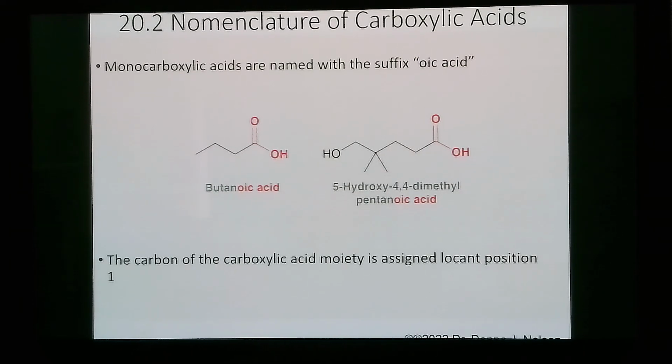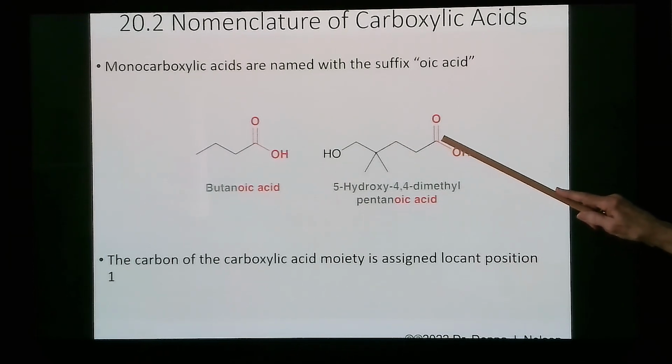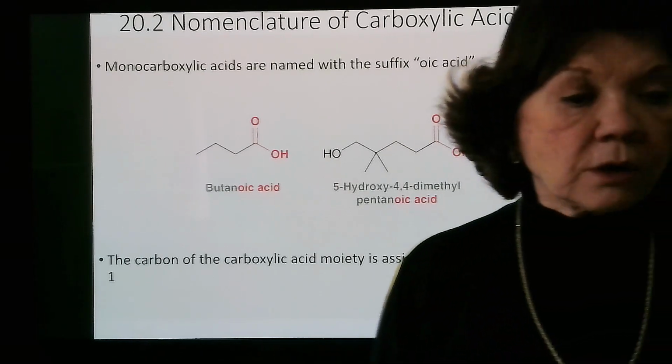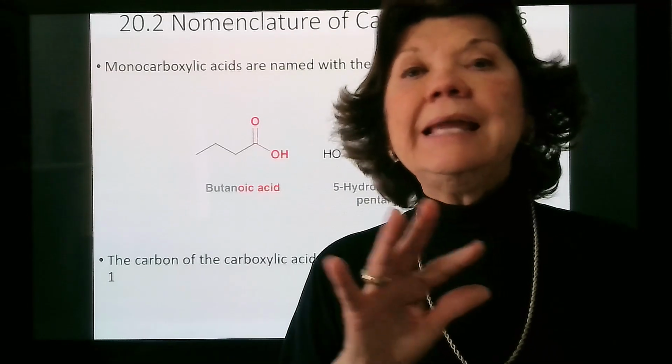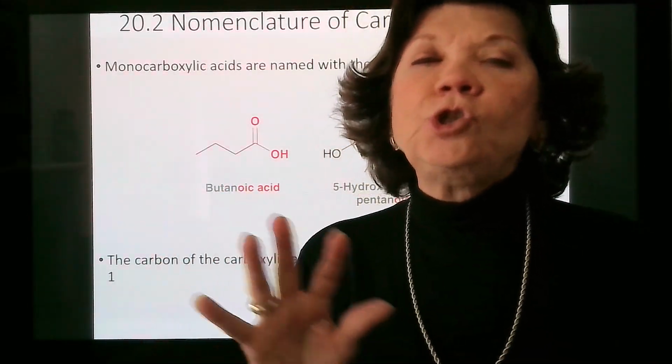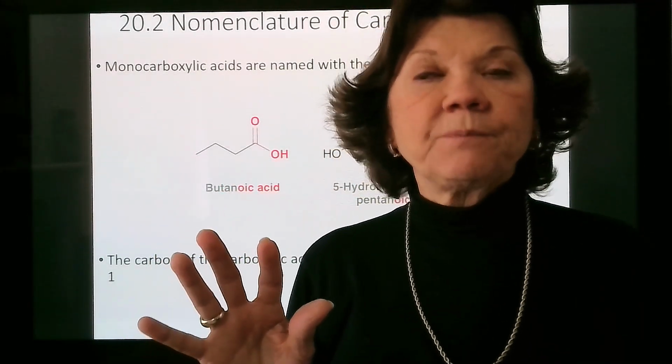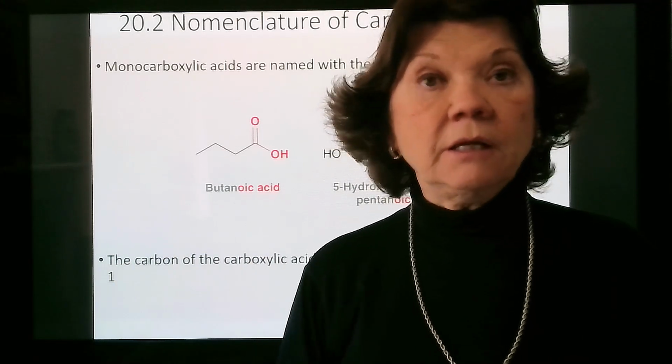And so the highest priority functional group is always put at the 1 carbon. So if you think about it, you'll realize that in this course we have sort of covered the functional groups in a general order of their priority in nomenclature.